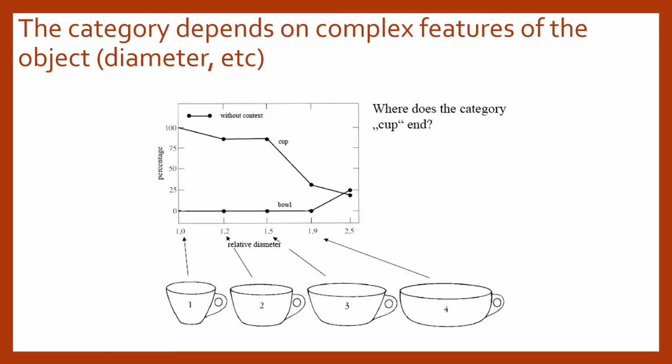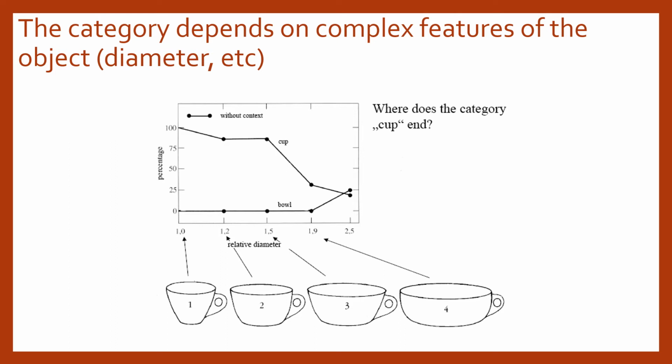For example, one of the attempts tried to look into features coming out of the geometry associated with the words. One of the features you can look into is perhaps the relative diameter.